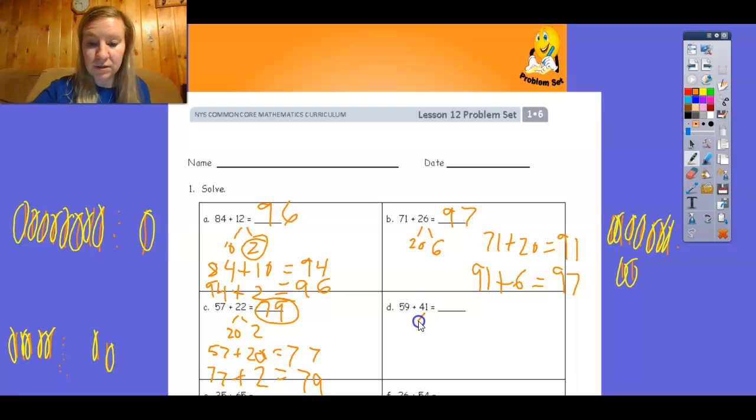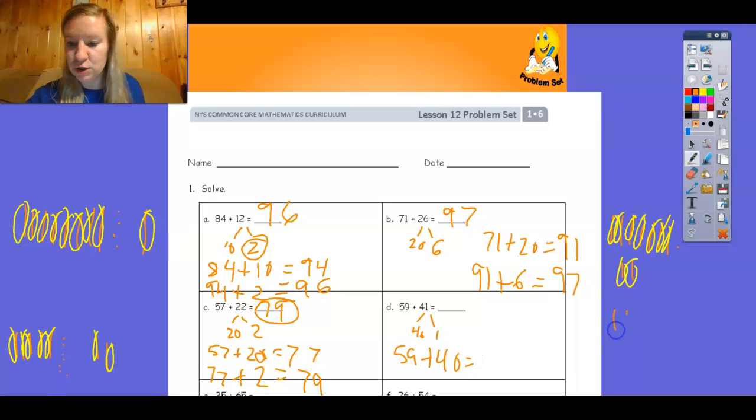And 59 plus 41, I'm going to break that into a 40 and a 1. 59 plus 40 equals, I'm going to draw that off to the side, 1, 2, 3, 4, 5, 50. And then 1, 2, 3, 4, 5, 6, 7, 8, 9. So there's my 59 plus my 10, 20, 30, 40.